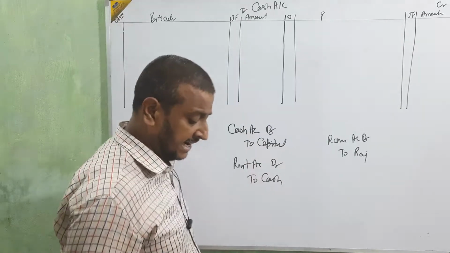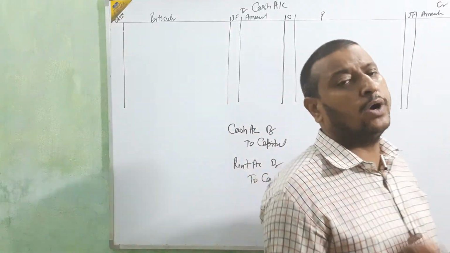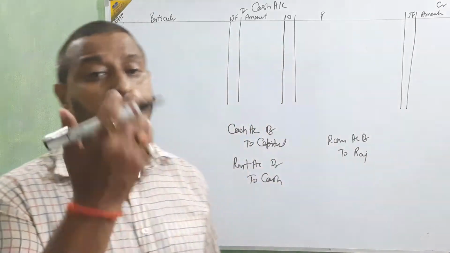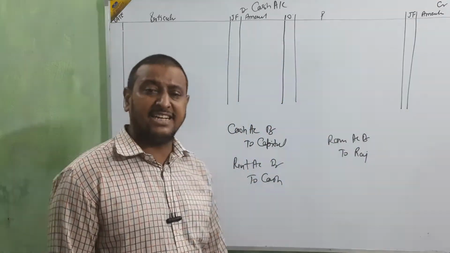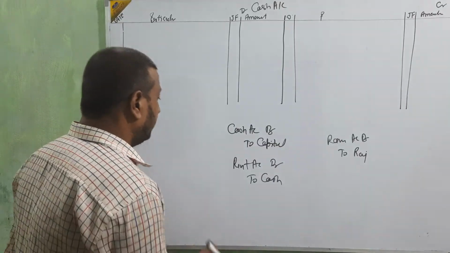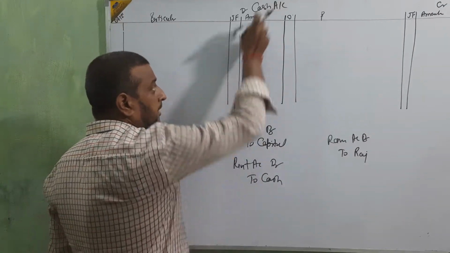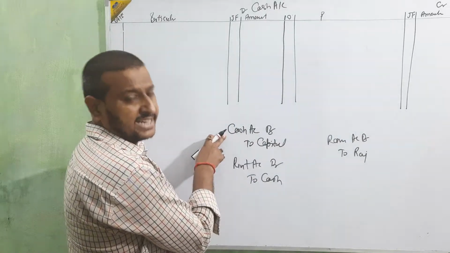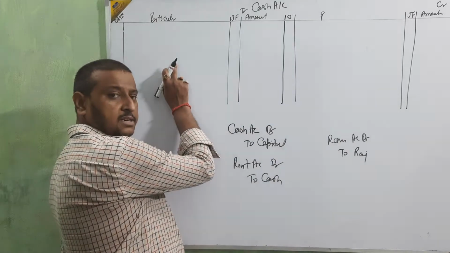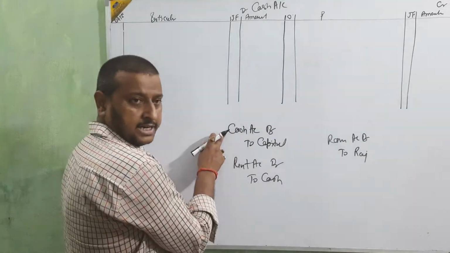The rule is that for the account we are going to make, if that is debited, then the other account will be debited. If that is credited, then the opposite account will be credited. It means for the account we are going to make, if that is debit, then its opposite account is debit. Okay, beta? Clear?